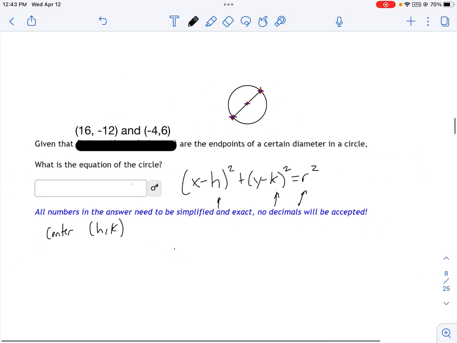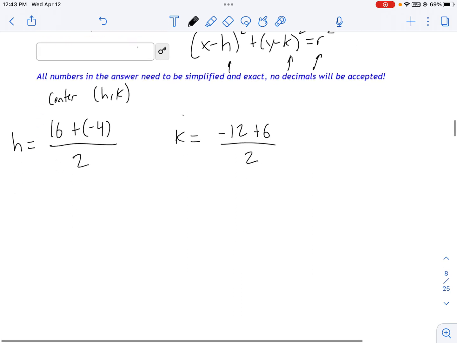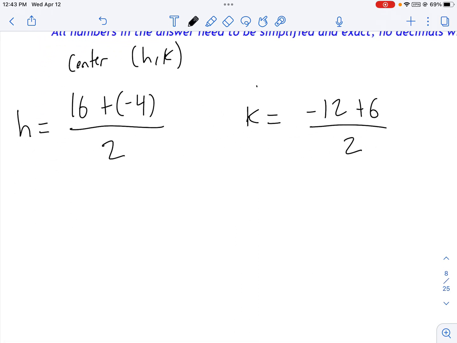If we take the middle of our 2 points, so we have 16 and -4, add those together and take half of it, that should be our h. Likewise, we take our two y values, -12 and 6, add them together and halve that. Find the middle, and that should be the center of our circle. So 16 plus -4 is the same thing as 16 minus 4.